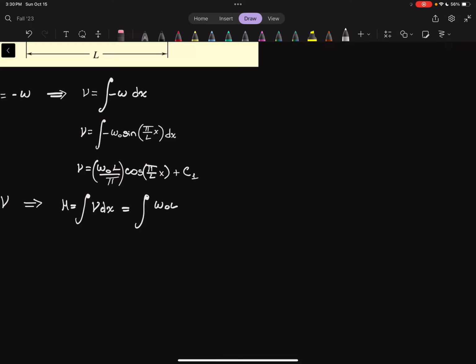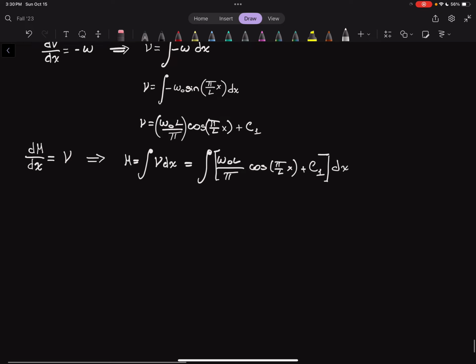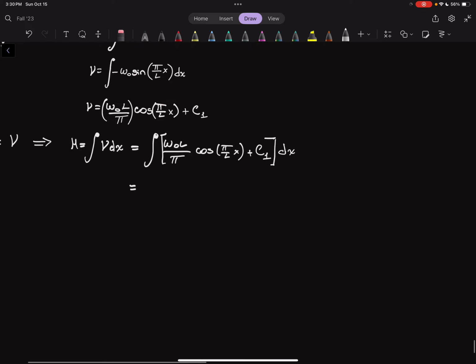That is w naught L over pi times the cosine of pi over L times x plus C1, all of this, and I'm going to put it in square brackets, integrated with respect to x. And so what do we get here?